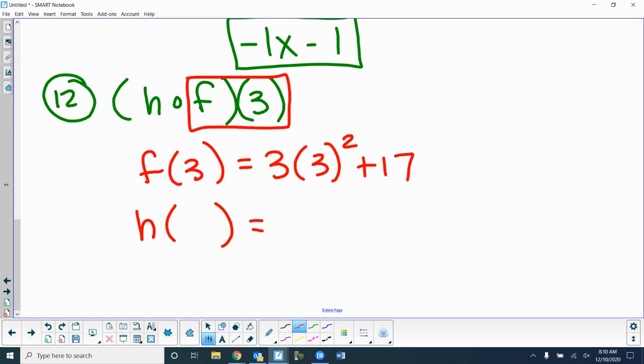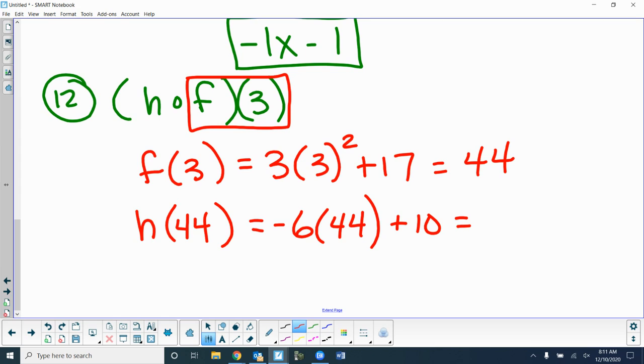Plus 17 would be 44. So then I put 44 in the H, that answer. H is negative 6 times x, so negative 6 times 44 plus 10. And negative 6 times 44 is negative 264, I think. Plus 10 would be negative 254.